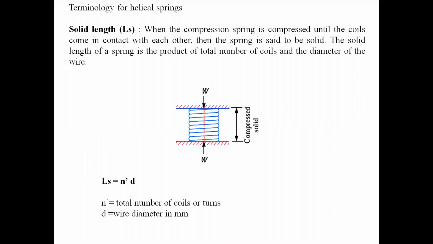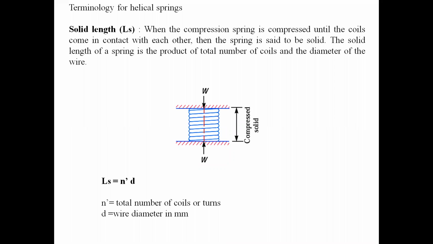Okay? Solid length means what? What is solid length? Let us explain this in simple words. When the compression spring is compressed until the coils come in contact with each other, then the spring is said to be solid. How can we find the solid length? It is very simple. You have to count the number of turns or coils and the diameter of one coil.